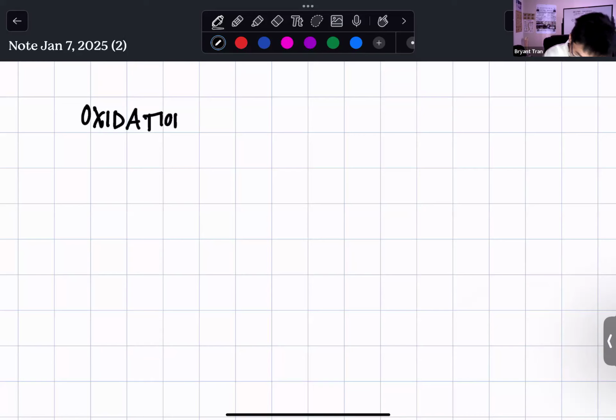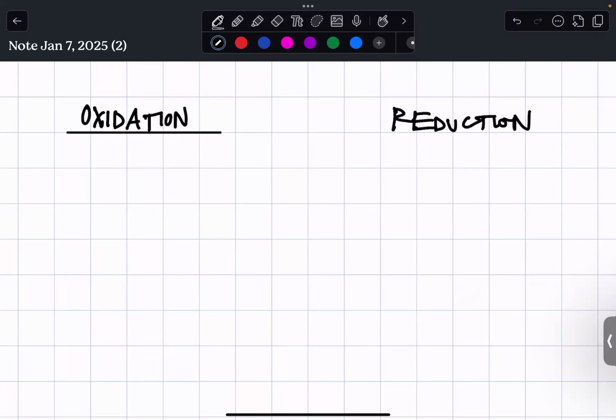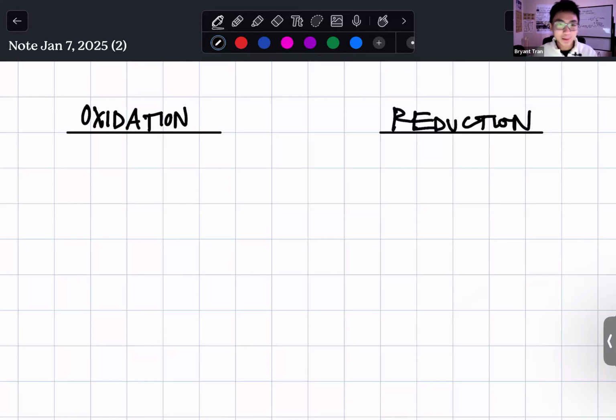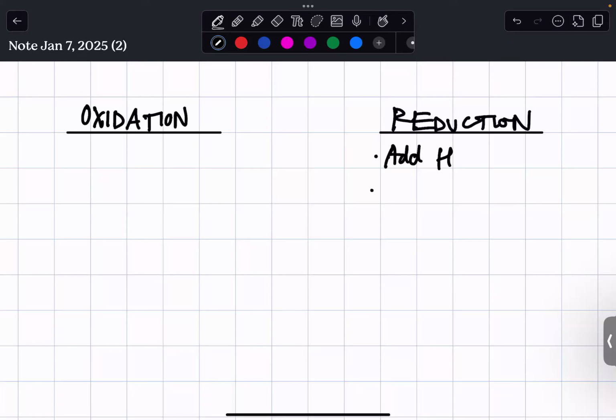So in Gen Chem, what do you remember about the definitions of oxidation and reduction? Like in terms of electrons, or adding elements? I'm gonna pull this from Biz 2A last quarter. When it's reduction, you add hydrogens, or you lose oxygens, and it's vice versa for oxidation. Yep.